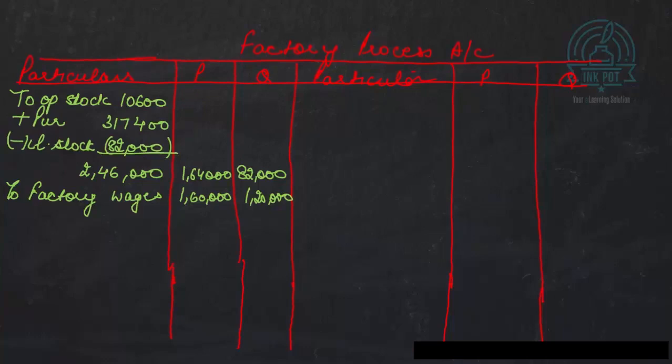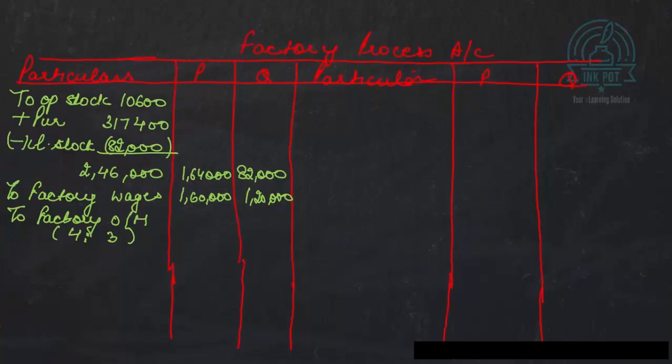Right? Now next we are given with factory overheads. To factory overheads. So factory overheads are to be apportioned in the ratio of labor, which is 4:3. So the ratio is 4:3, 16:12 or 4:3. And the amount of factory overheads will be divided.